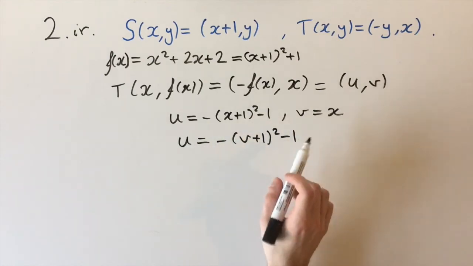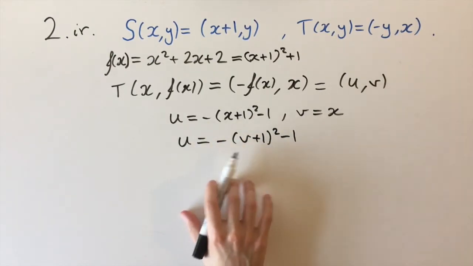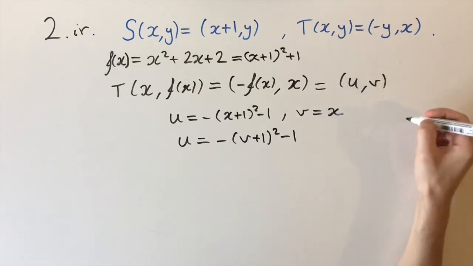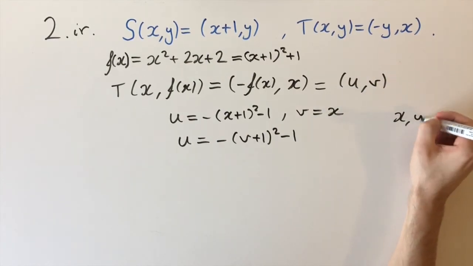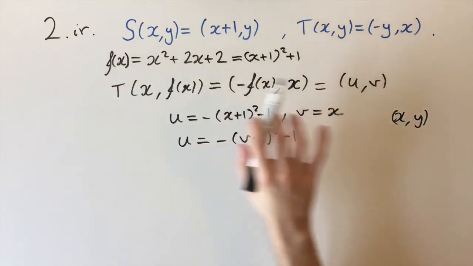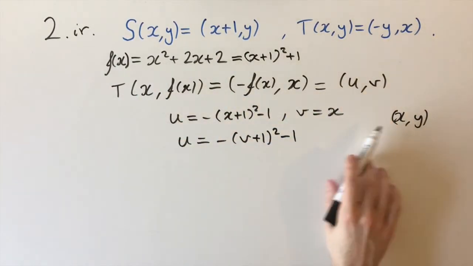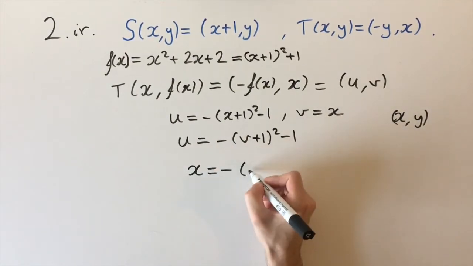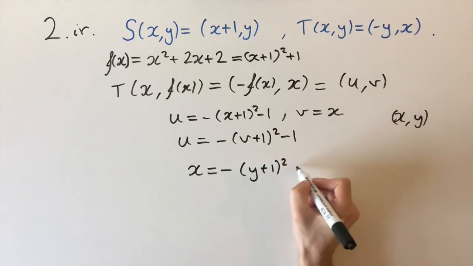So this is a bit complicated. Let me write this equivalently so it might look a bit nicer. We've written u, v, but we can think about this as x, y, sorry. I've just used different letters so we're not confusing with our original x's, but this is equivalent to x equals minus y plus 1 squared minus 1.